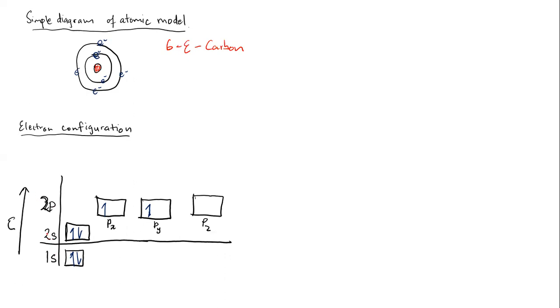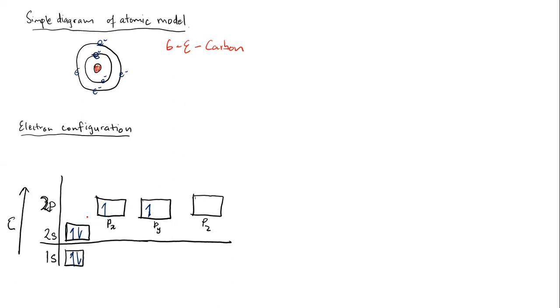The second energy level has 2 orbitals, which are s and p. The s will always be filled with a maximum of 2 electrons, and the p will be filled with a maximum of 6 electrons, but the total second energy level is supposed to be composed of 8 electrons.